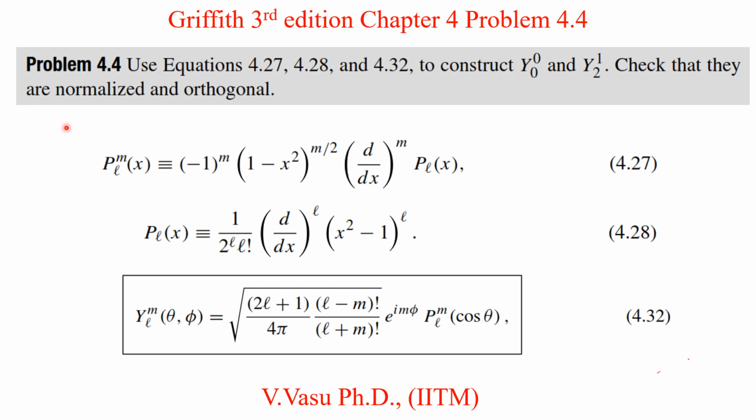Here we are dealing with the associated Legendre polynomial, which is defined as P_l^m(x) equals (-1)^m times (1 minus x squared) power m over 2 times d by dx power m of P_l(x), where P_l(x) is a Legendre polynomial, defined as 1 over 2^l times l factorial times d by dx power l of (x squared minus 1) power l.